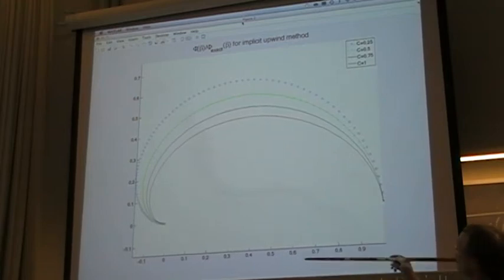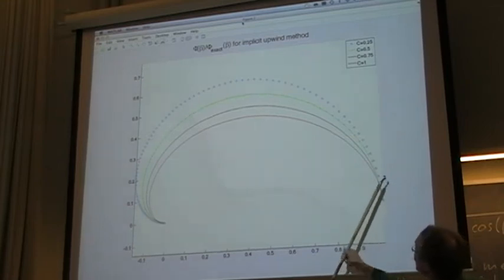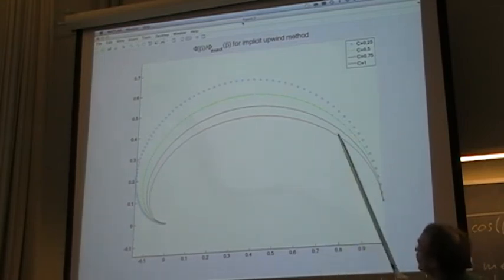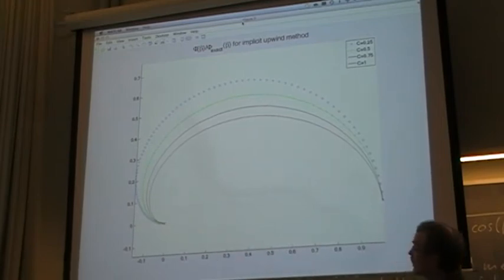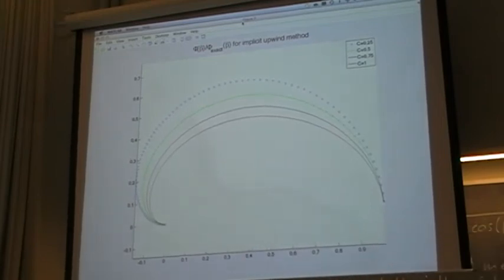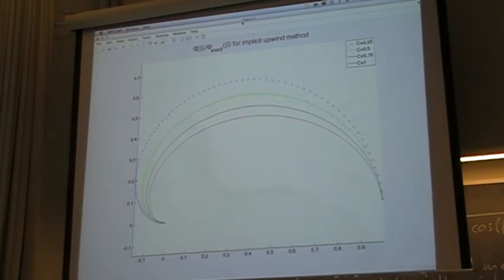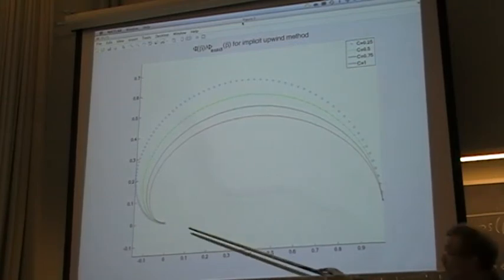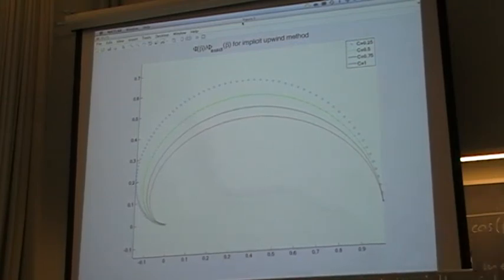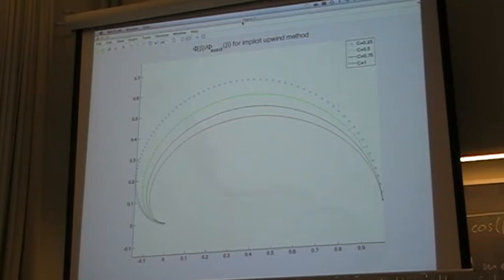But we see here it is 1, but otherwise it gets smaller and smaller, and here they all go to 0. So that means all waves, the waves for all Courant numbers, for the highest wave number that we can represent on this grid, will be stationary. They will not move. That is when we get a phase angle 0. And that gets just worse and worse as we increase the Courant number.